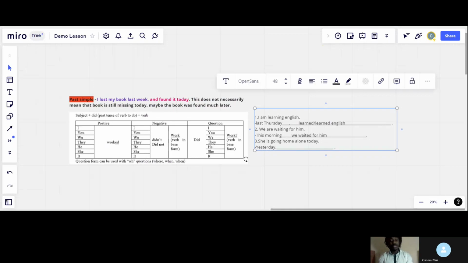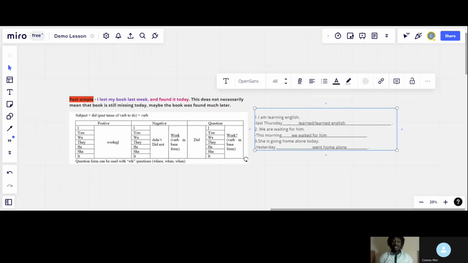She is going home alone today. Yesterday, meaning this is something she did in the past. She went home alone. So remember, for present perfect, it happened in the past. It's still true today.